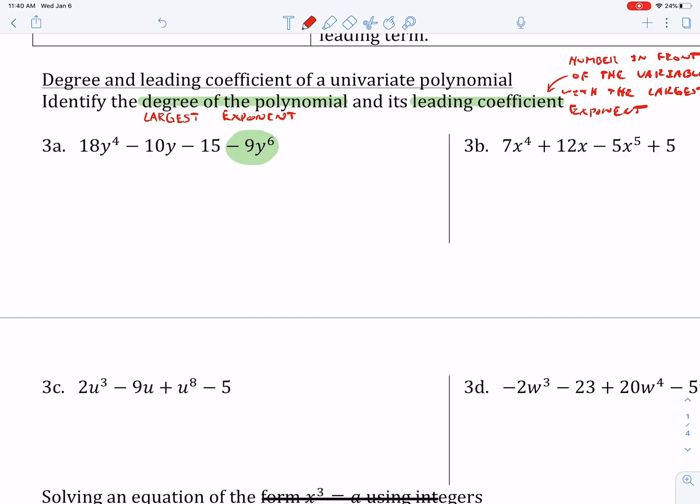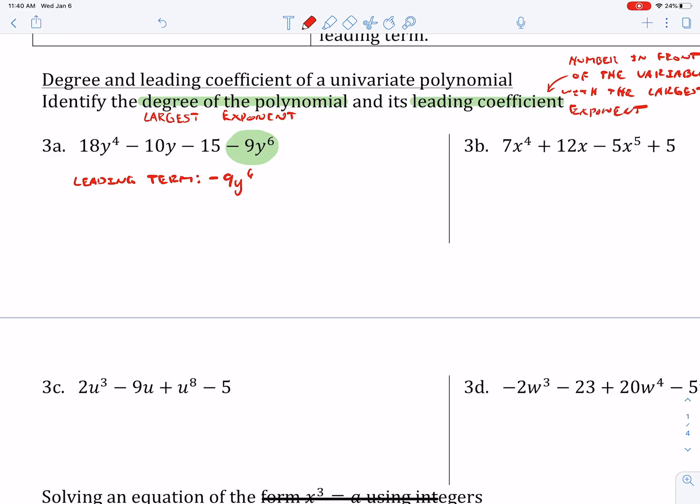So what we have here is our leading term. Our leading term is going to be negative 9y to the 6th, meaning if I rearranged this problem, and that's in 3a here, I would have negative 9y to the 6th plus 18y to the 4th minus 10y minus 15.